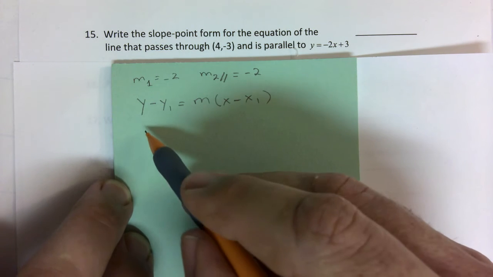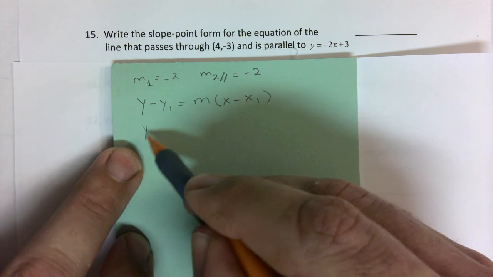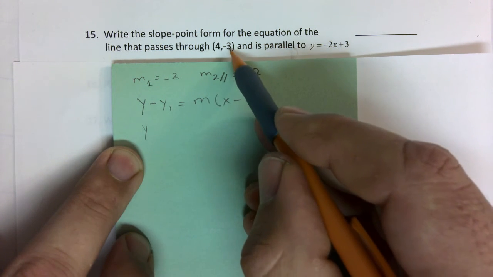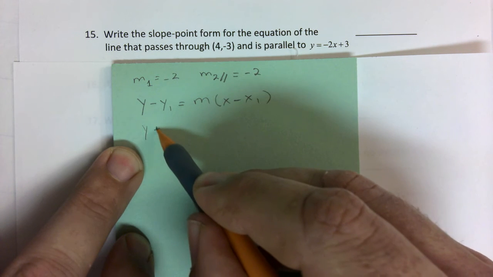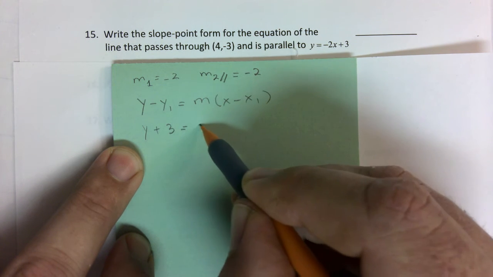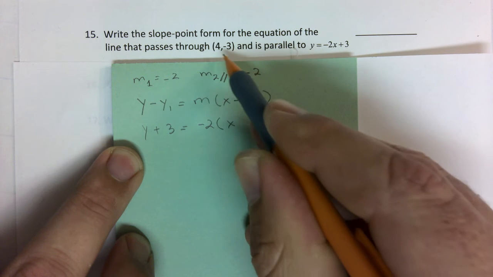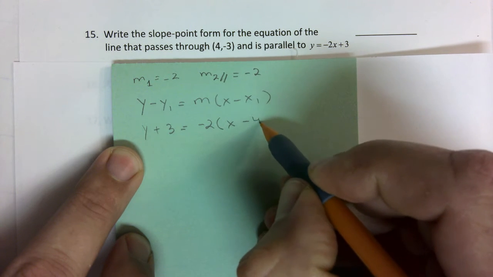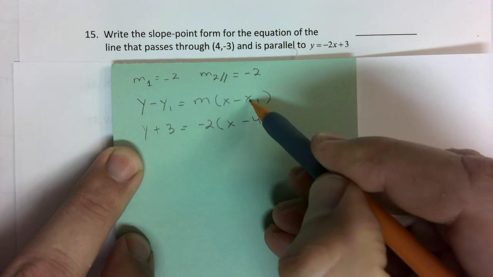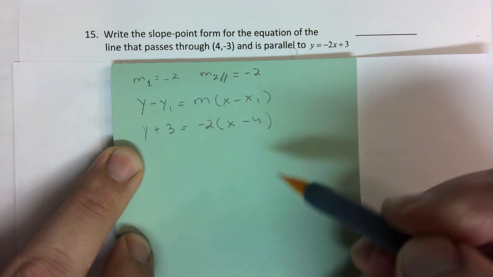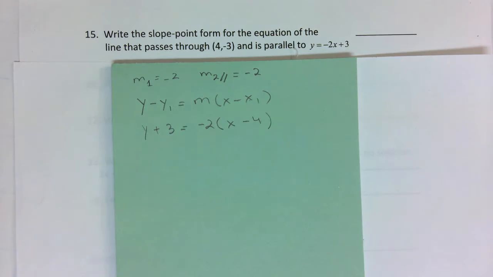So we have y minus y1, which is negative 3, so it turns into a positive, and then we have negative 2, x minus 4, because 4 is positive. If you plug it in, it goes like this. So that'll be it. If you got that, pat on the back.